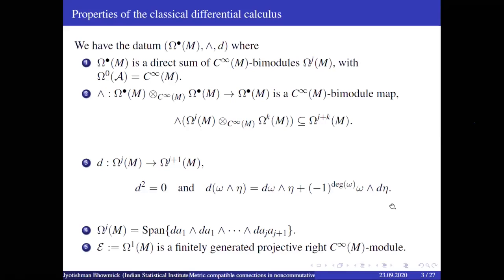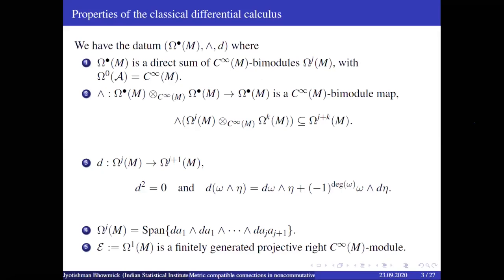A moment's reflection will yield that this data, the main input has been this algebra, which is a commutative algebra, and everything is defined in terms of it. So this is a C infinity M bimodule, and I have some maps called wedge and D, which satisfy certain properties.